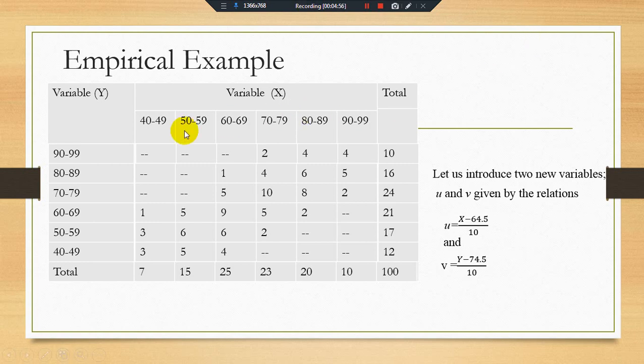As in arithmetic mean or standard deviation, for the x variable we have to convert the classes into midpoints, and for the y variable we also convert the classes into midpoints. So let's start our calculation to find the correlation.